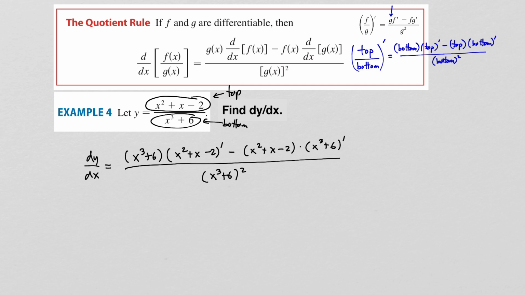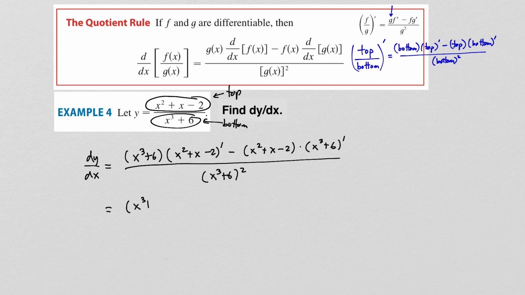So the most important aspect is that you just get these functions and their derivatives in the right place. And it's very important you don't get these two backwards, because when you're subtracting, the order matters. So we have to start with the bottom times the derivative of the top and make sure that we don't get that backwards.